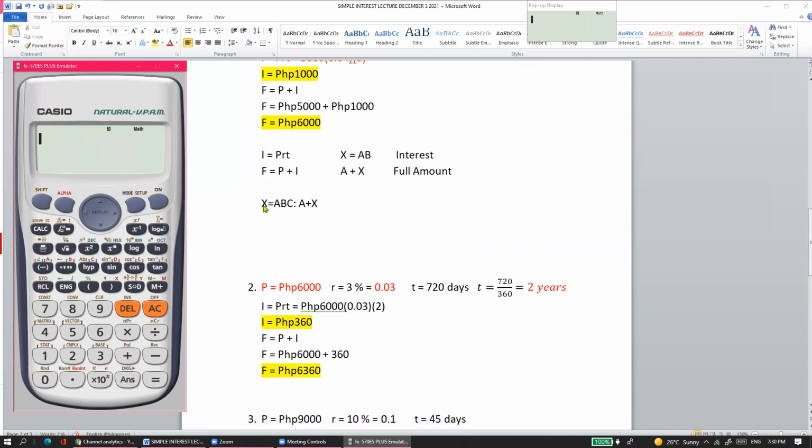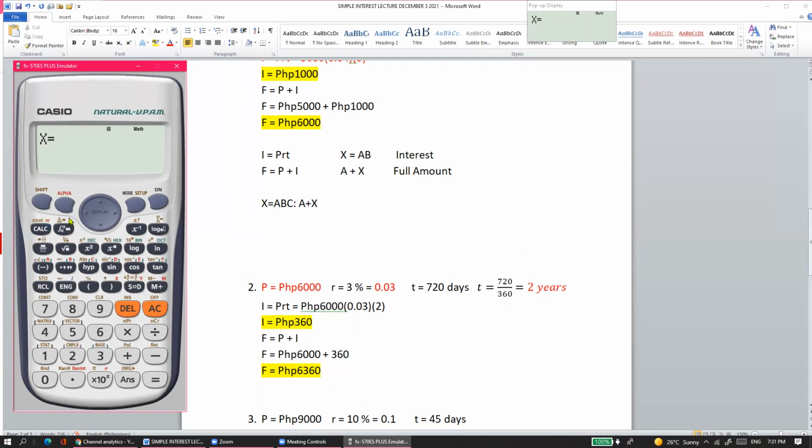So, first, I will type X. So, I'll press alpha, and then X. Ito yung may close na sign, parenthesis. So, afterward, I'll press alpha, then calc. Mode 1 ko ulit. So, alpha X, alpha calc.